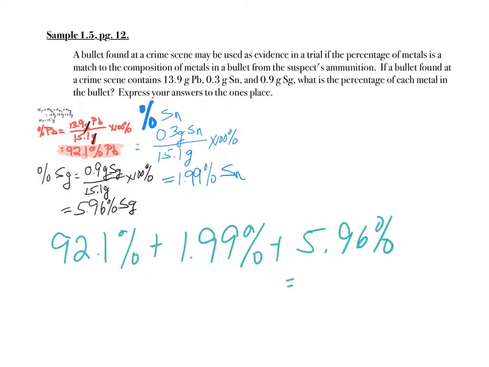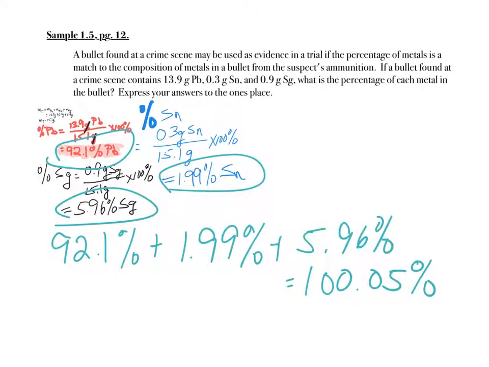When you add those up, you get 100.05%. And that is A-OK, because each of these numbers above, the 92.1 and the 1.99 and the 5.96, were rounded.